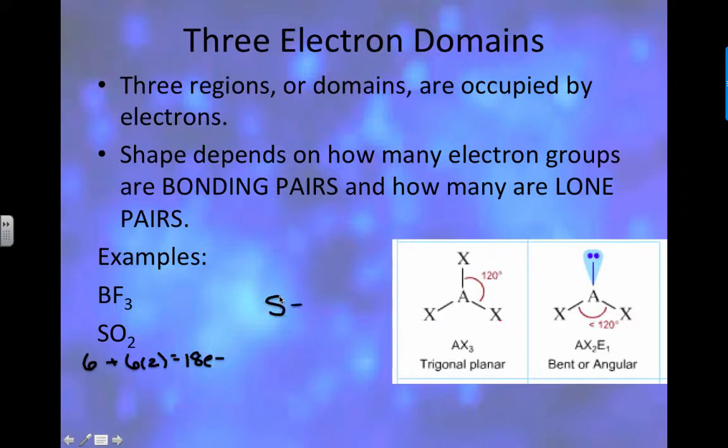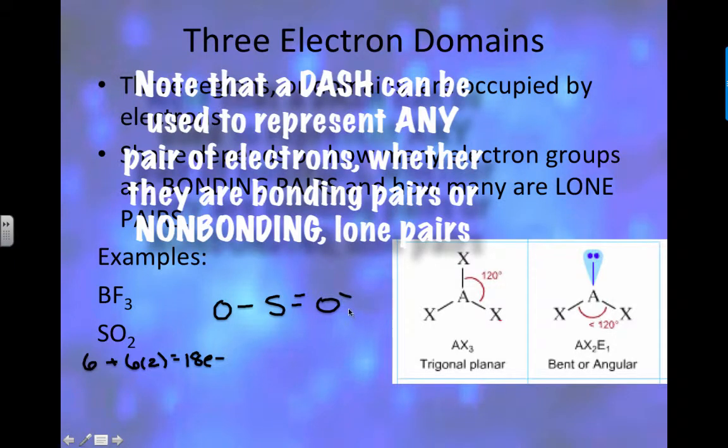We'll put sulfur as our central atom because it has the lower electronegativity. And then I want my oxygens to have an octet first, but I know sulfur is also going to have an octet. So I'll start here. So there's 2, 4, 6, 8, 10, 12, 14, 16. And then to get 18 electrons, I need 2 more.